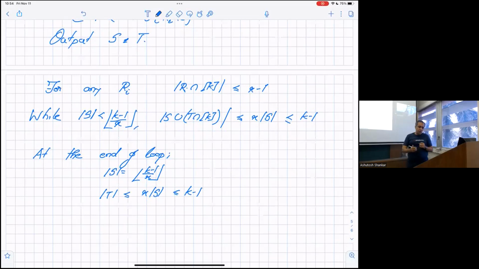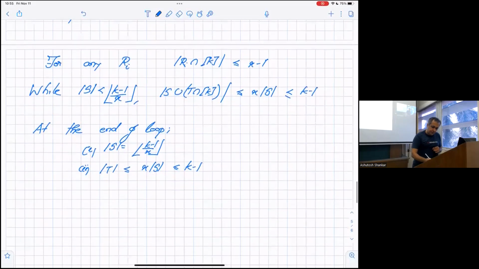At the end of the loop, you have S, and you have T. T implies yes. This is an invariant that we can take.